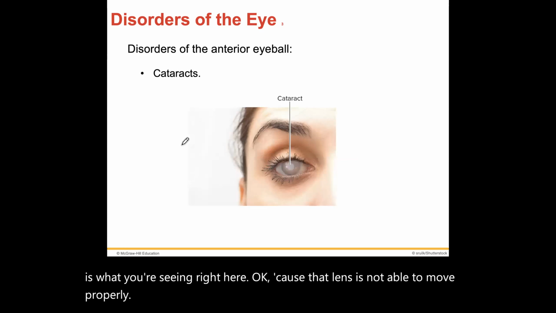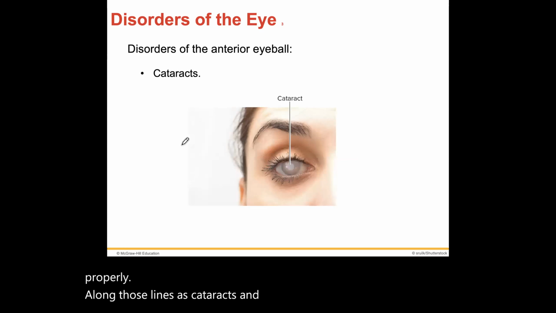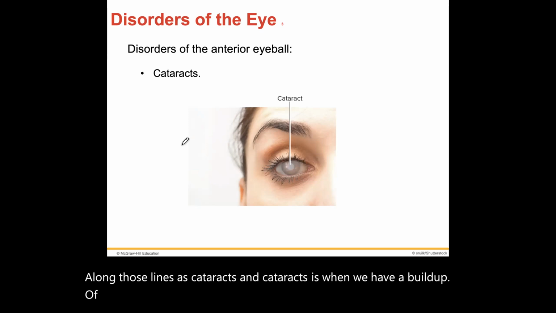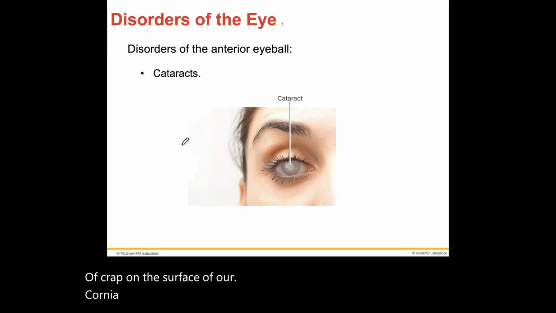Along those lines is cataracts. Cataracts is when we have a buildup of material on the surface of our cornea. Very opaque. This truly creates a very, very blurry image.